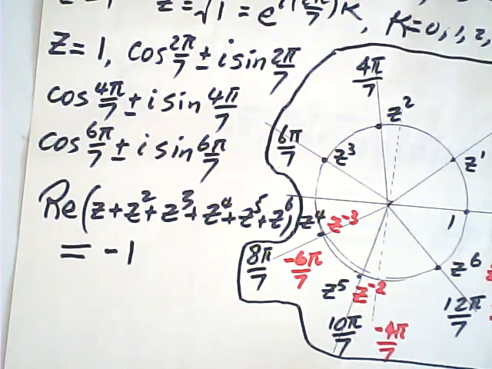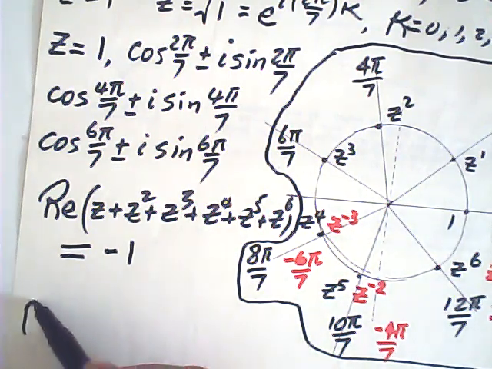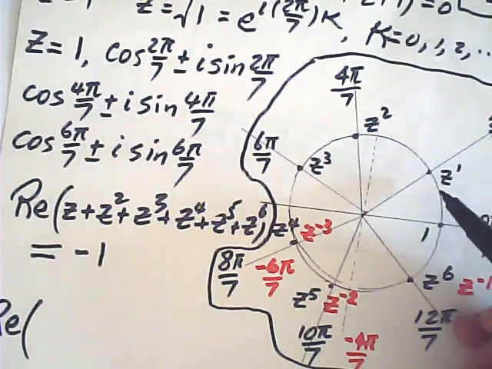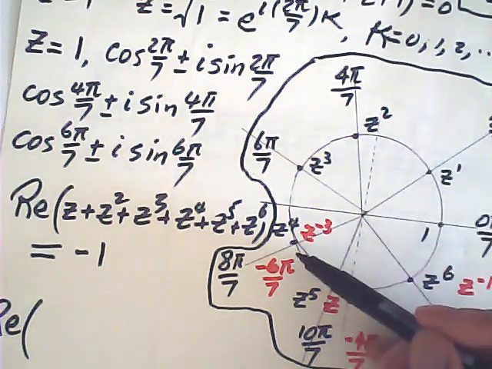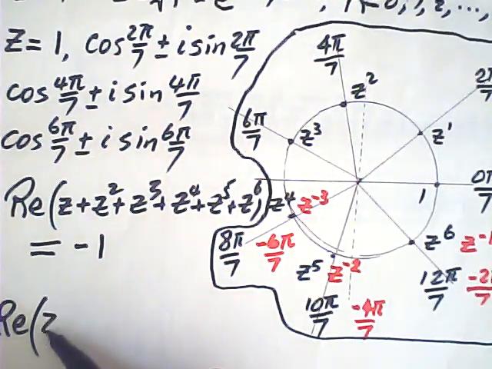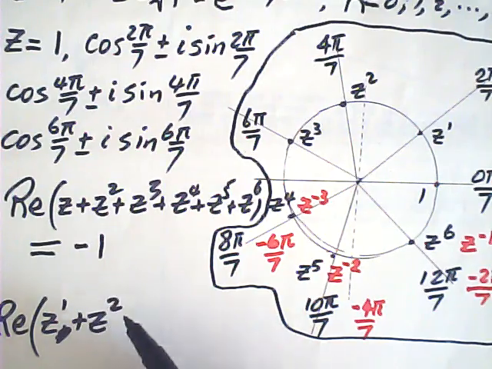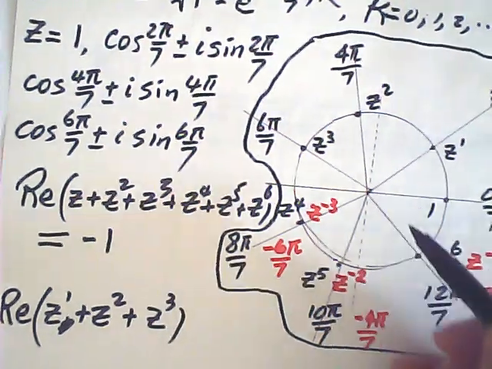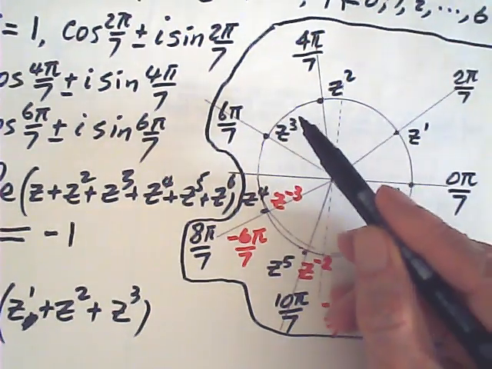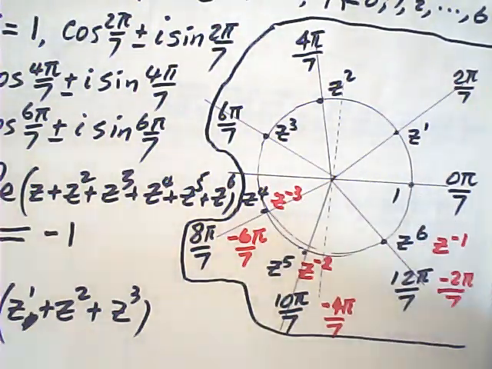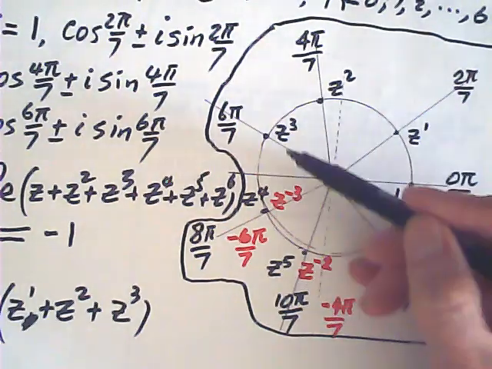Yeah, obviously this is the real part of this. Well, z first power, right? Sorry, z squared, that is this one, z third, this, and that just split into this equal to this equal to this equal to this.